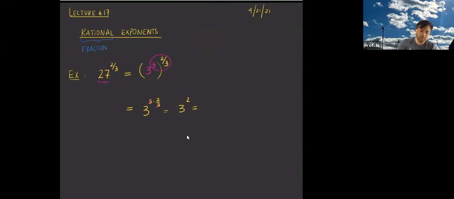And 3 squared equals 9. So for this step, I rewrote the base as a power of 3.